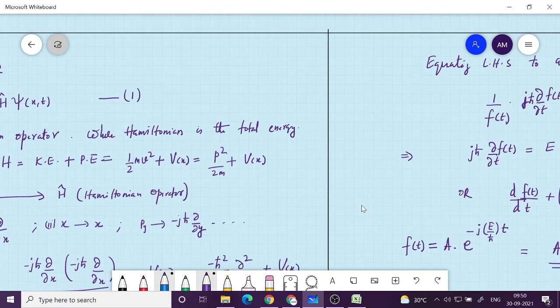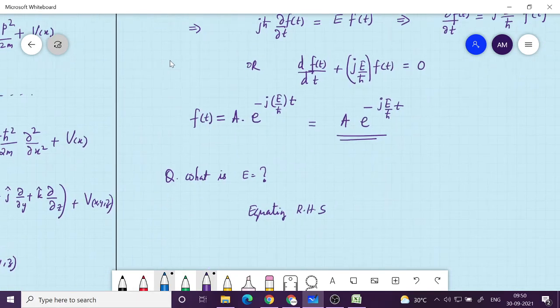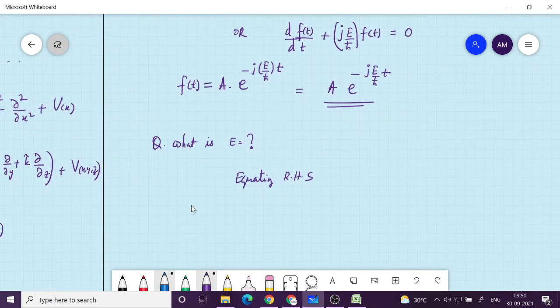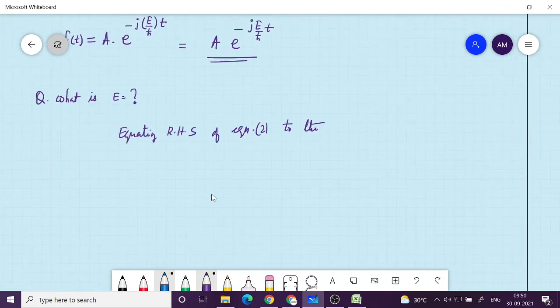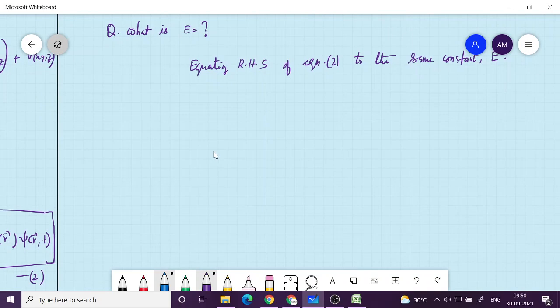So equating the LHS of equation 2 to a constant E, and now equating the RHS of equation 2 to the same constant. We have to equate it to the same constant. So what is the RHS equation?